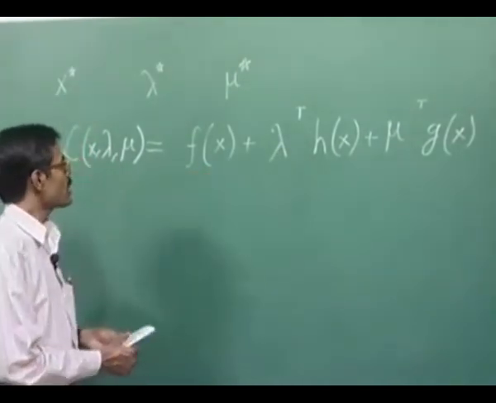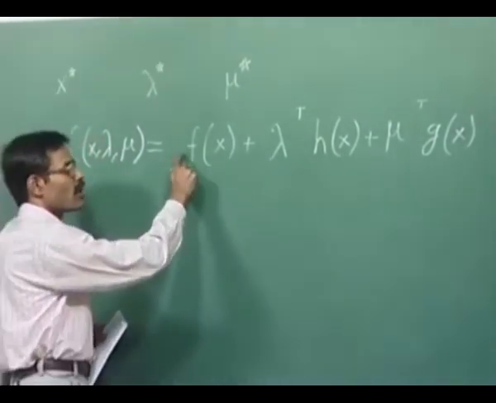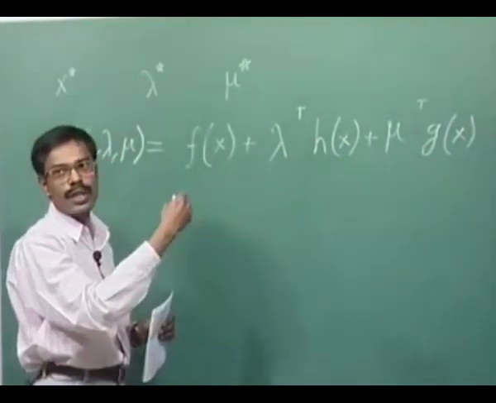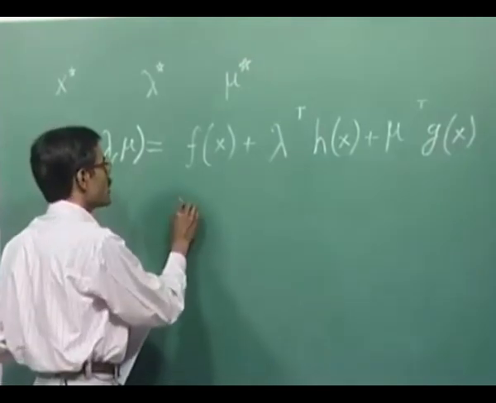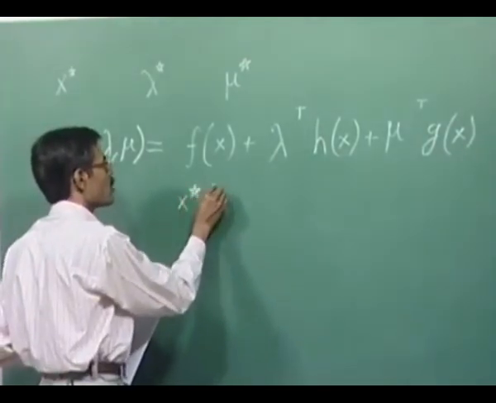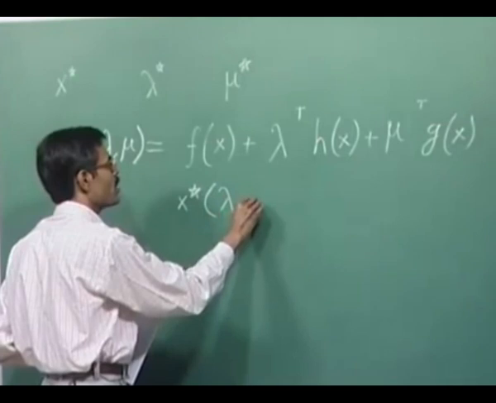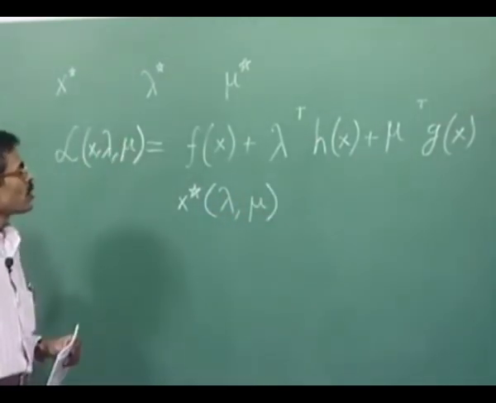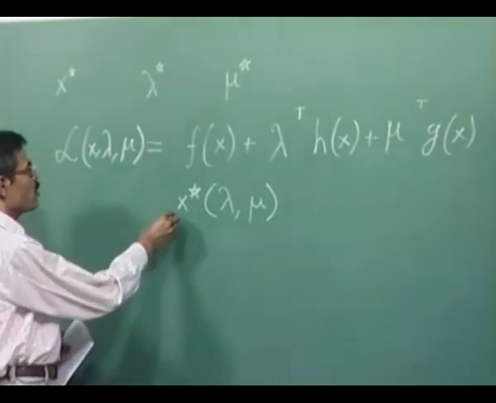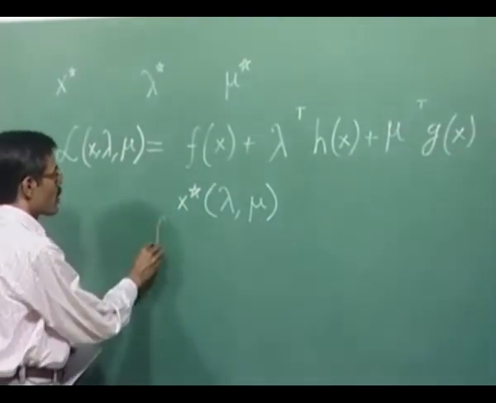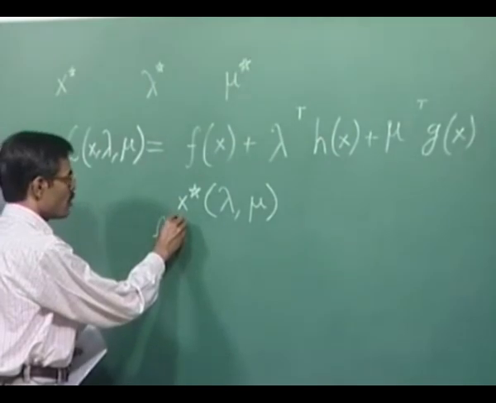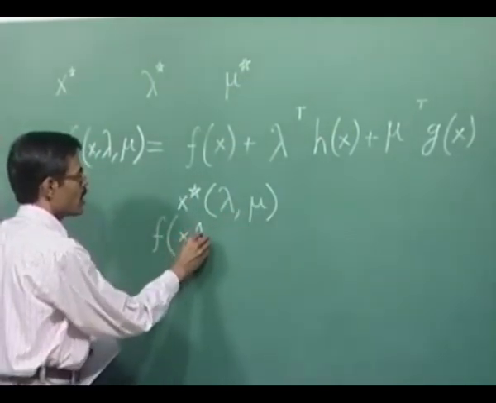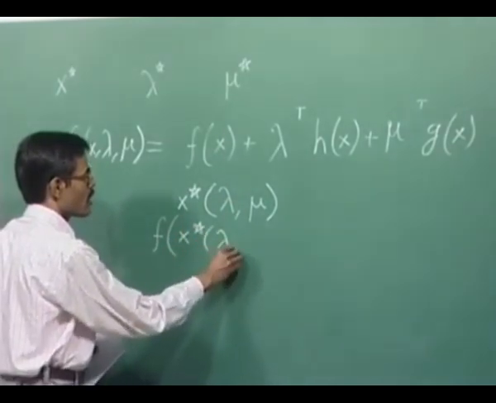Therefore, we can call that x star, which is the minimum of this function for general values of lambda and mu, not necessarily lambda star and mu star, the x star that we obtain as a result of specifying those lambda and mu values, and correspondingly we get the function value at this x star. So, that value at the x star dependent on these can be constructed like this.